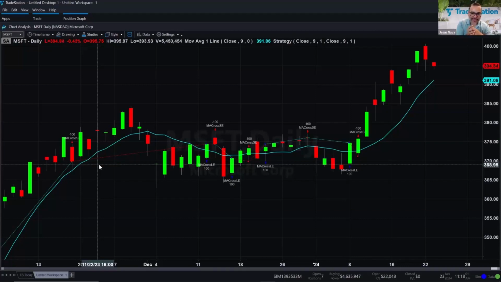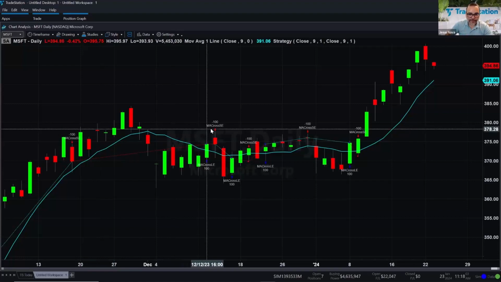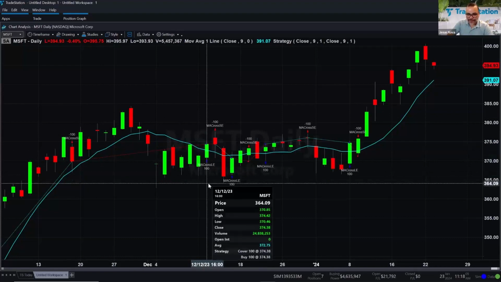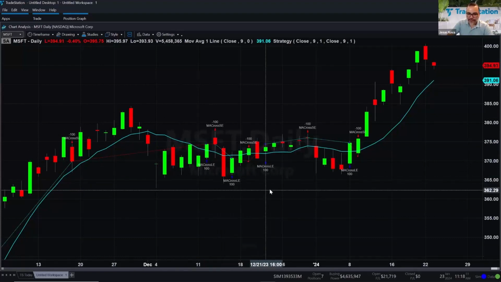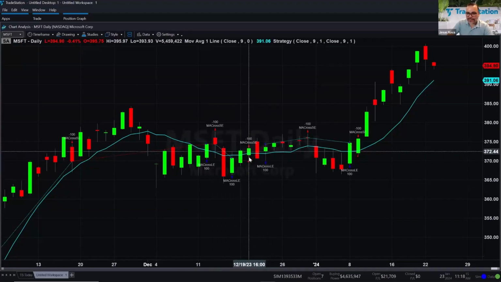Let's take a look at maybe some other values here. Let's take a look at this entry right here. On this entry, let's see. No, that's still hitting the closing price. Okay, right here. This is a clear example where the signal is not on the close of the bar.